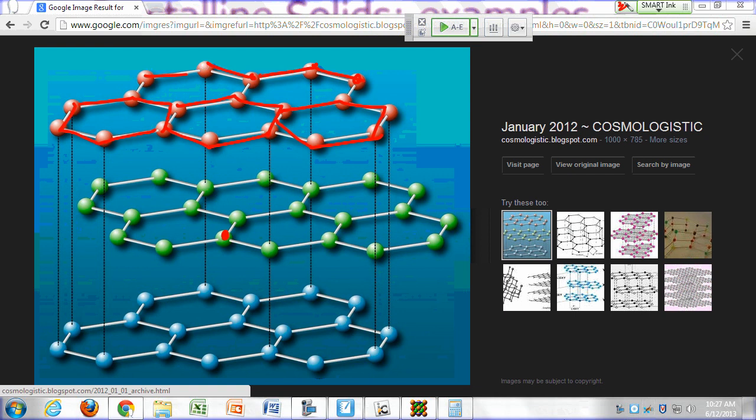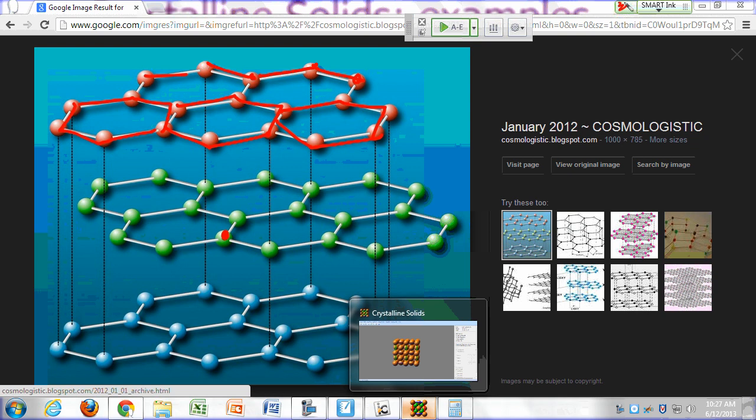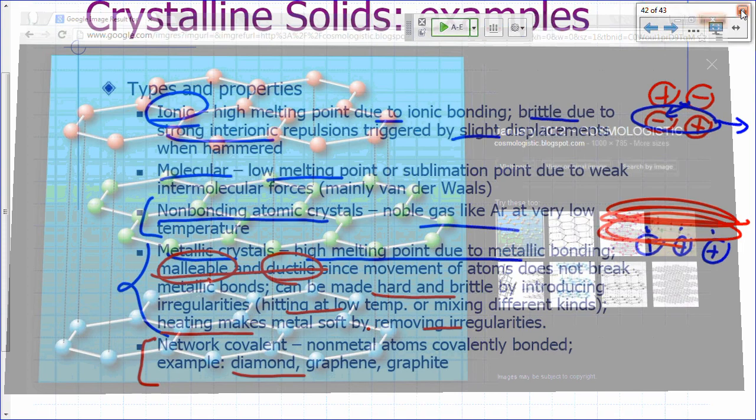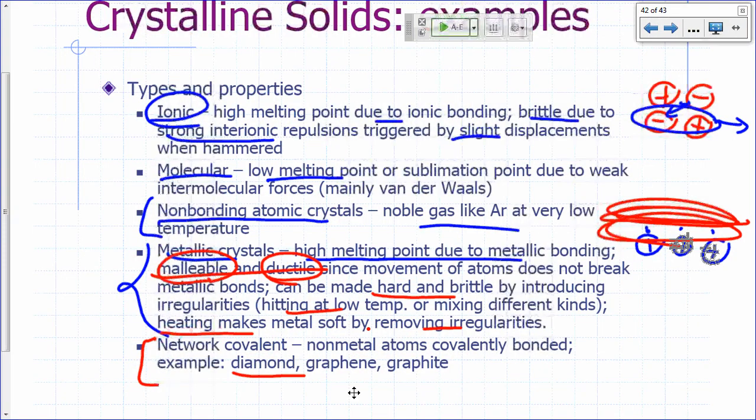So a sheet of carbon atoms forming these hexagons is what you would call graphene, and you have layers of those to form graphite. And where do you find graphite? The lead of your pencil. Those sheets of carbon atoms just slide off your pencil and attach onto your paper. So those are some types of crystalline solids.